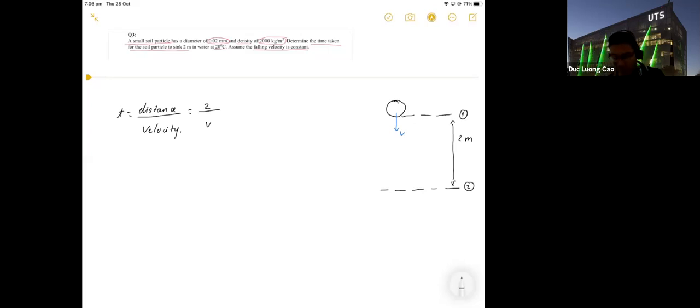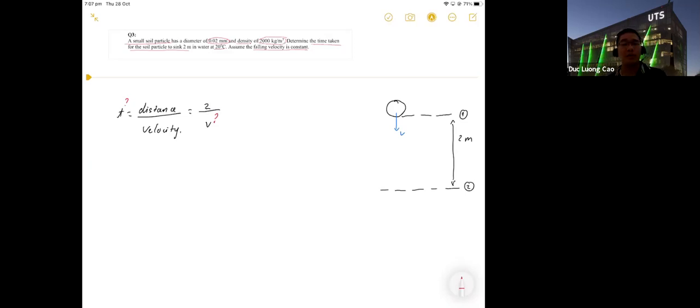It means to find time, you have to know the velocity. How do we find velocity here? How many forces apply to this particle?